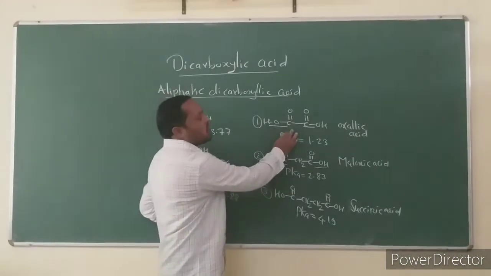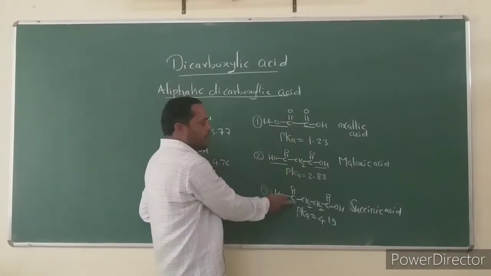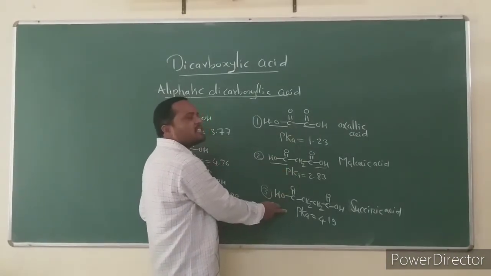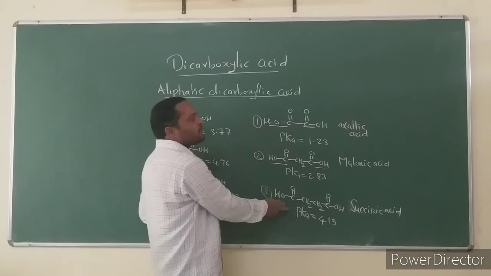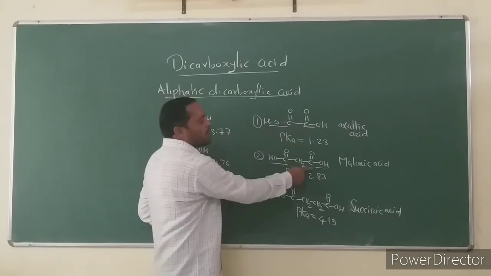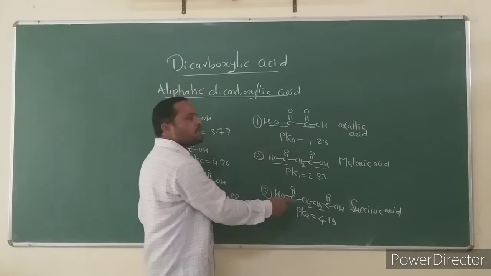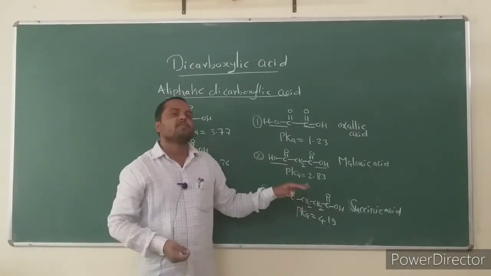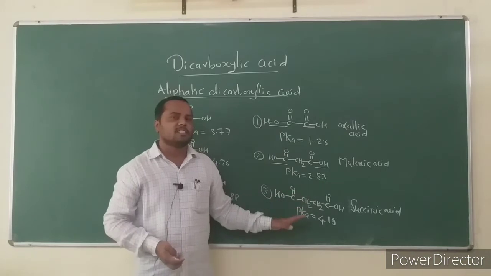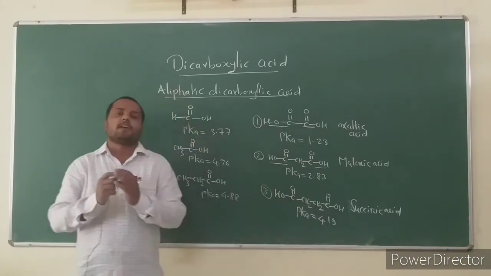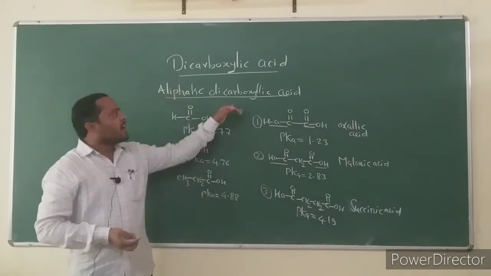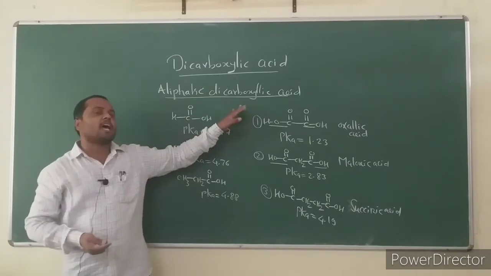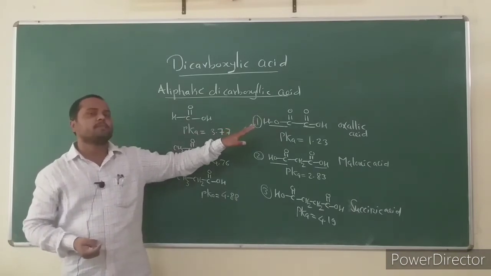Oxalic acid is stronger than malonic acid, and malonic acid is stronger than succinic acid, because as the distance increases, the minus I effect decreases, and the acid strength decreases. This is the acidity of aliphatic dicarboxylic acids.